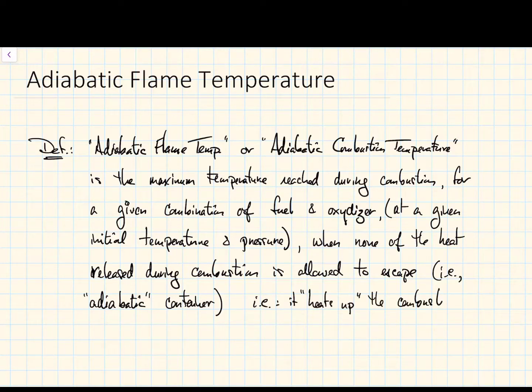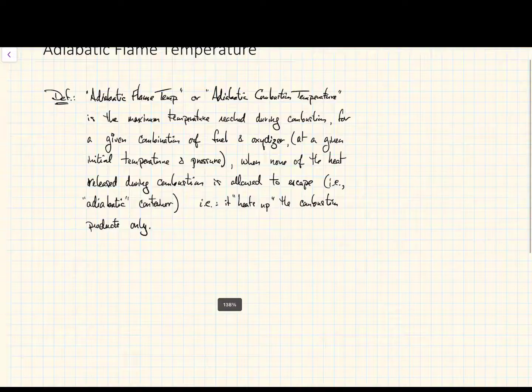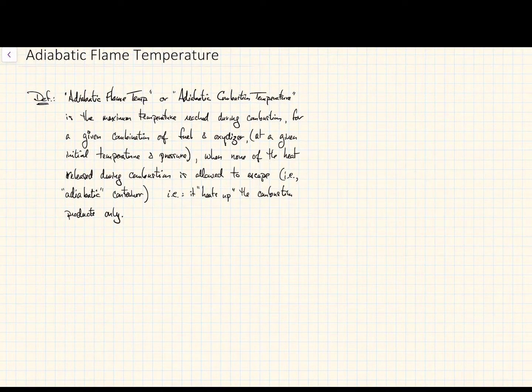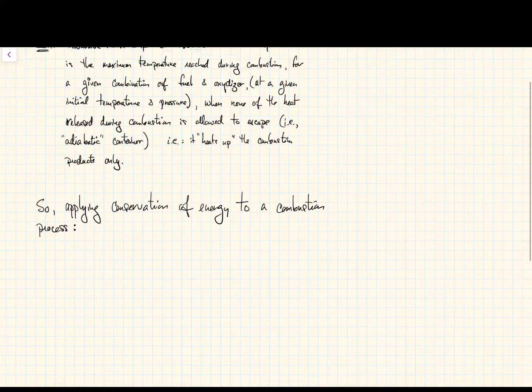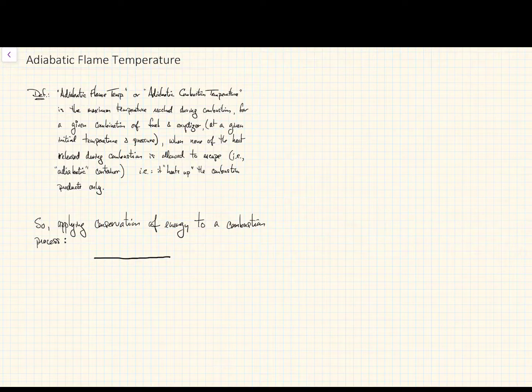So we'll start off by sketching a typical open combustion chamber where some oxidizer and some fuel are mixed together, and let's assume that the chamber is very well insulated so that there is no heat out of the chamber at any point.